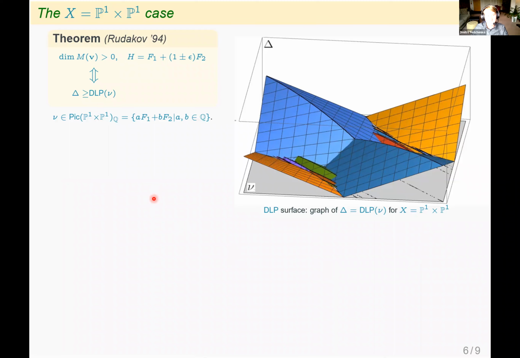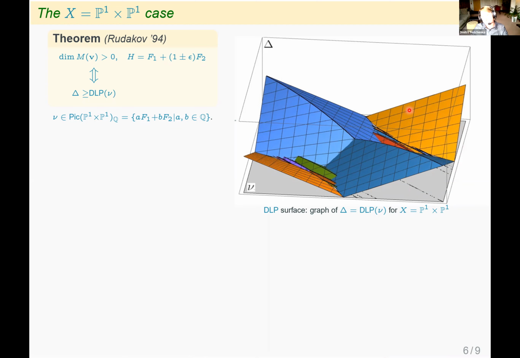But otherwise, this surface has a lot of the same features as the Dmitrii-Lapotier curve for the P2 case. So in particular, this surface is comprised of various branches. For instance, here you can see the orange branch, here you can see the blue branch, and here you can see the green branch. And the branches are again given by the exceptional bundles.